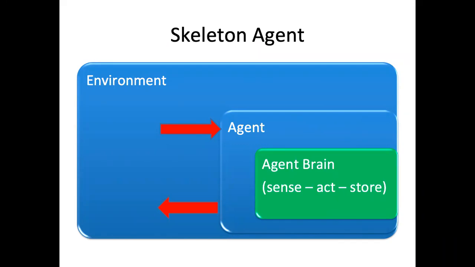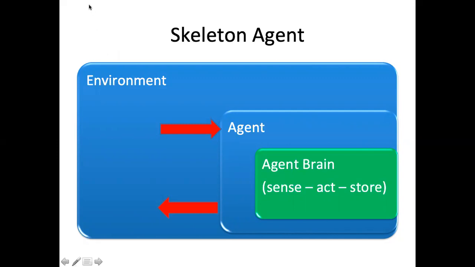So you have the environment, and within that environment you have an agent, and within the agent you have the brain of the agent. The brain of the agent is where this reasoning bit resides. That you sensed, you acted, and this is what you call the sense act cycle.